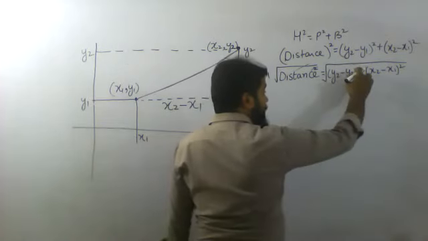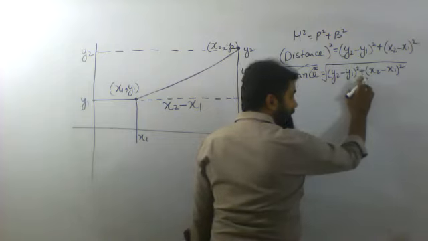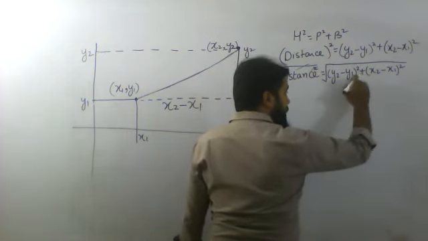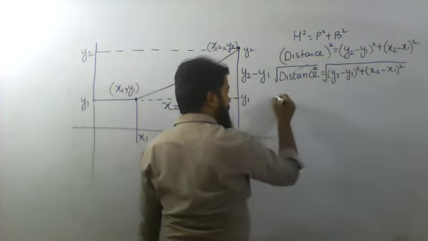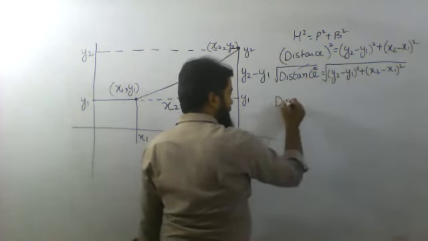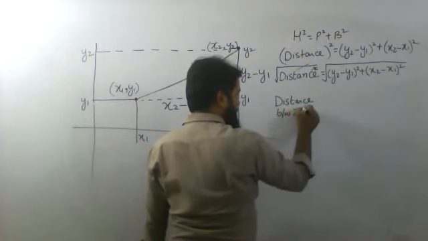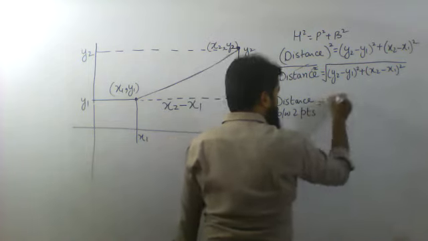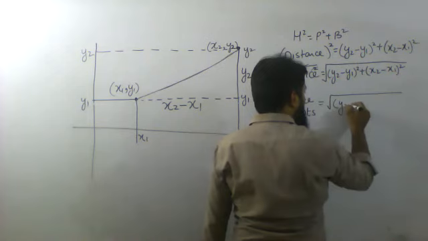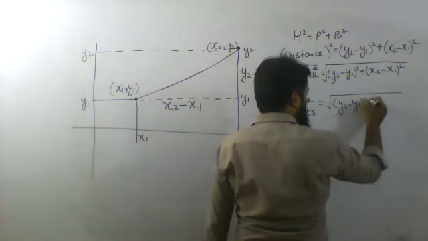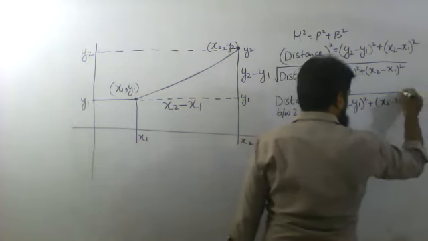But don't cancel the square and root over the whole expression, because in the center there is a plus sign. The squares are in separate brackets, so you will not cancel that square and this root. So you will have the distance between 2 points equals root of (y2 minus y1) whole square plus (x2 minus x1) whole square.